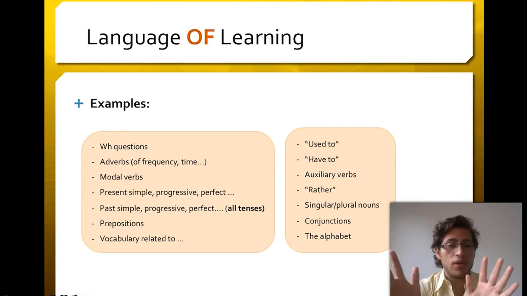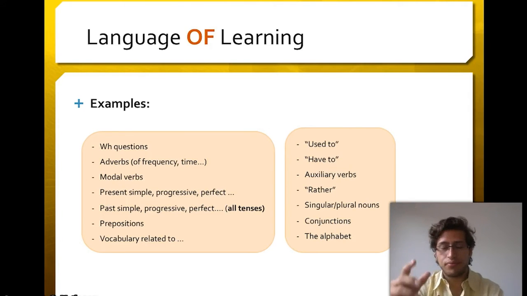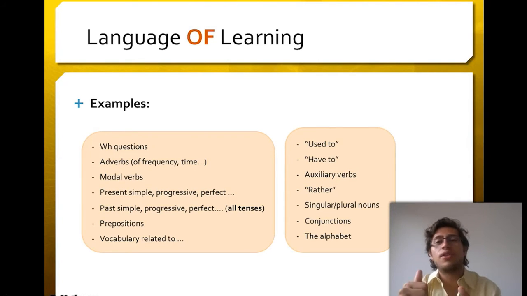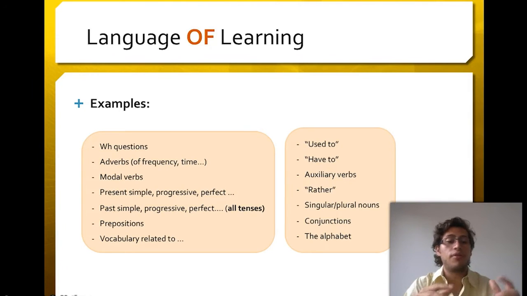present simple, so all tenses, past simple, progressive, perfect, all tenses go here, prepositions, vocabulary related to any contents, like vocabulary related to animals, to days of the week, vocabulary related to different semantic fields.